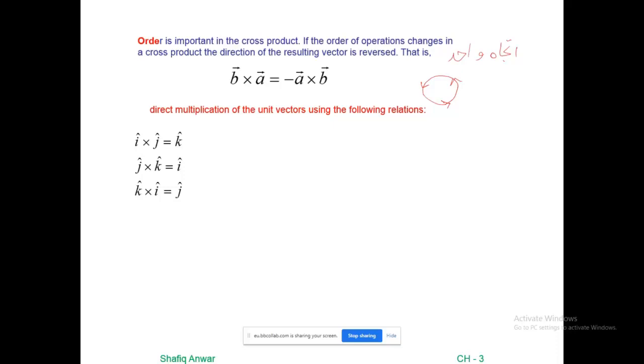Now, how to remember i cross j? For example, you have this i, this j, and this k.